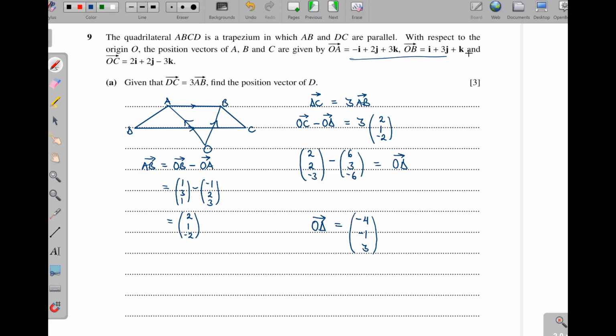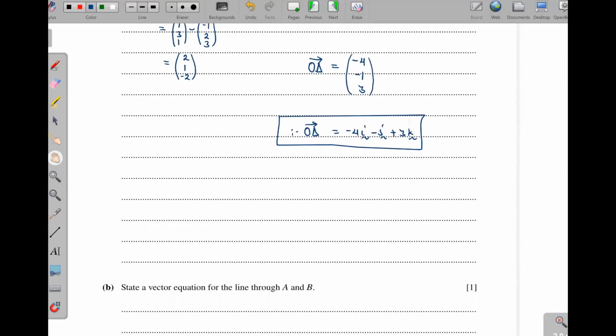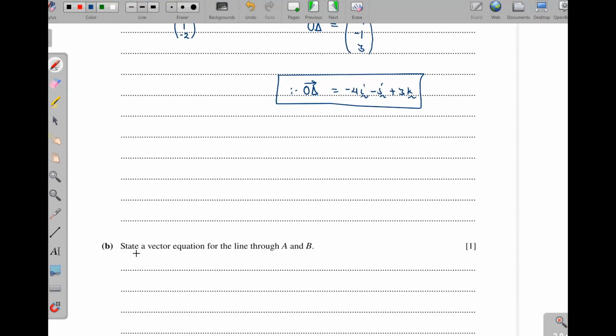Since these ones were given in terms of i, j's, and k's, then I will say OD will be equal to negative 4i, then minus j, and then plus 3k. As simple as that.